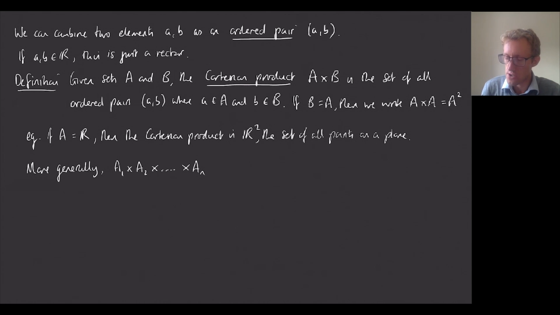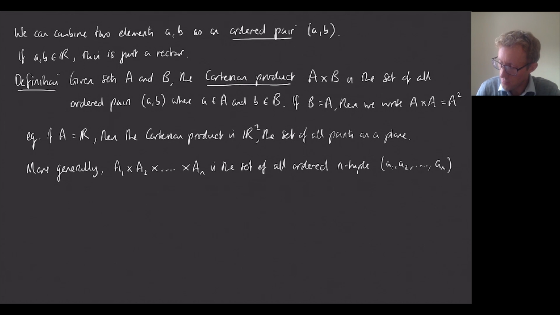So A1 crossed A2 up to An would be the set of all ordered, well, they're not going to be pairs anymore, but they're called an n-tuple when there's n elements. So an ordered n-tuple, so that's going to be (a1, a2, up to an).